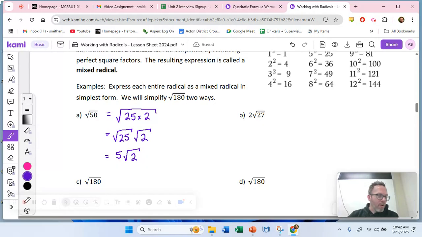We can write 2 times root 27 as 2 times... We can write the 27 as 9 times 3. Why would we do that? So we can reduce. We can use our property from the front. That's the same as the root of 9 times the root of 3. The root of 9 is exactly 3.